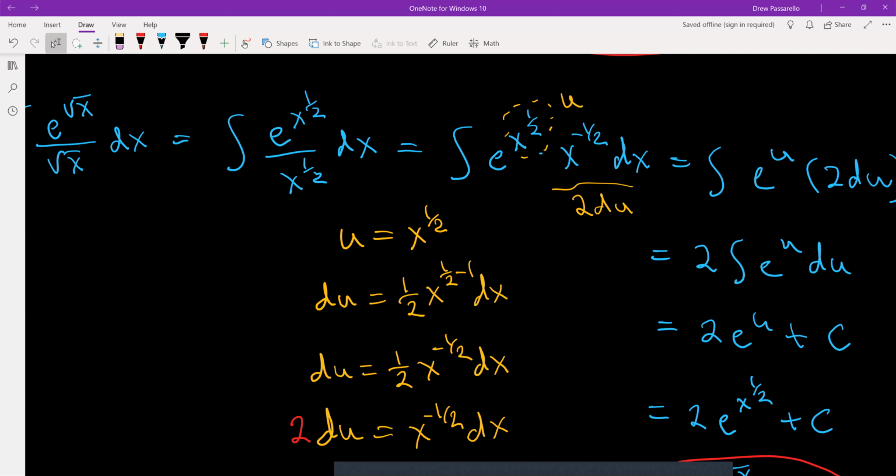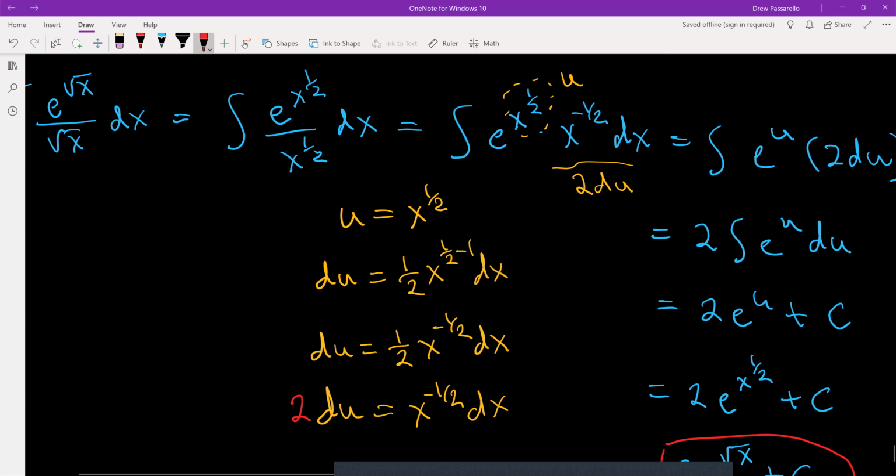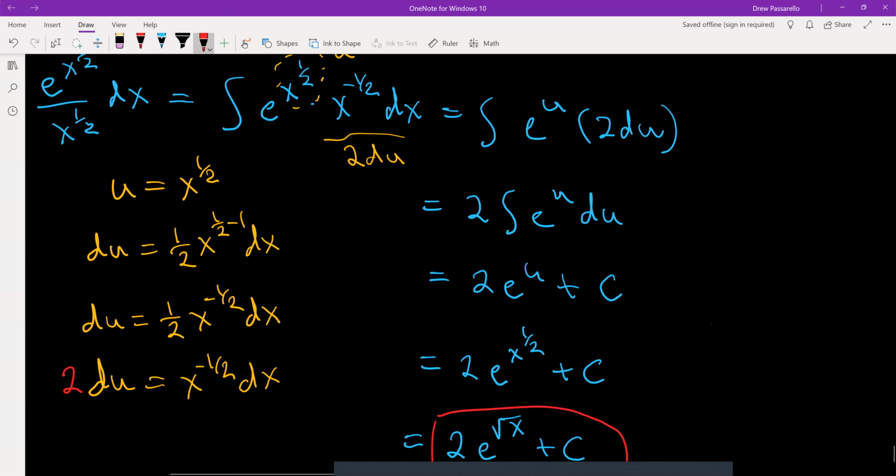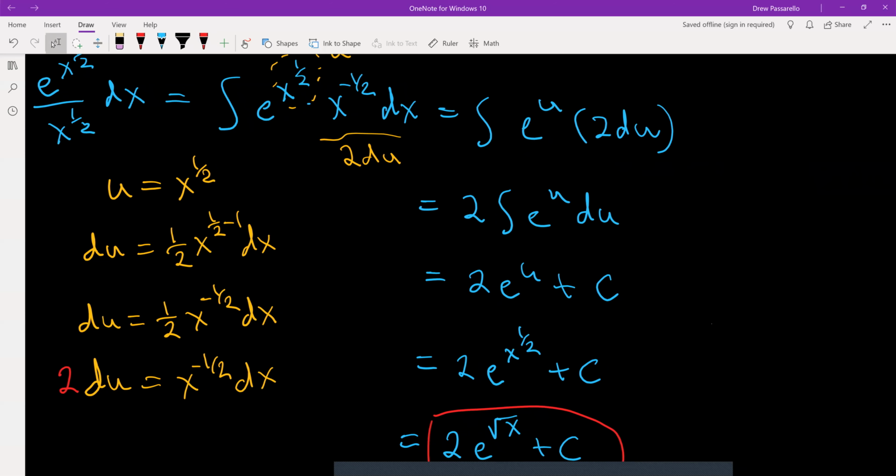So when I let u be x to the 1/2, du is 1/2 x to the negative 1/2 dx. And so I have the x to the negative 1/2 dx in the integral. I just don't have the 1/2, so I multiplied both sides by 2, so that 2 du is equal to x to the negative 1/2 dx. So I can substitute 2 du in for that into the integral. And that's what I did here. And then I just integrated using what we know: when you integrate e to the u, it becomes itself, e to the u.